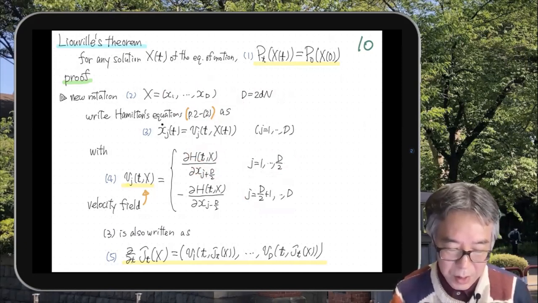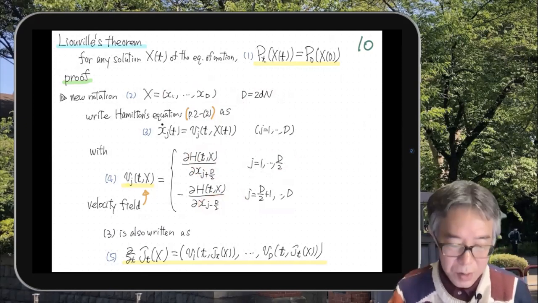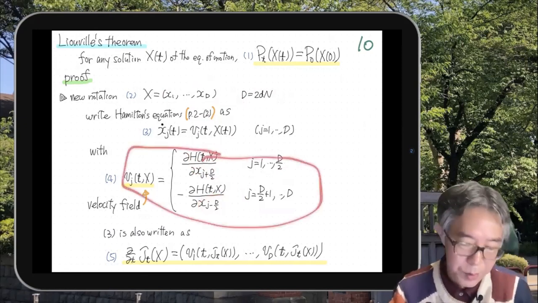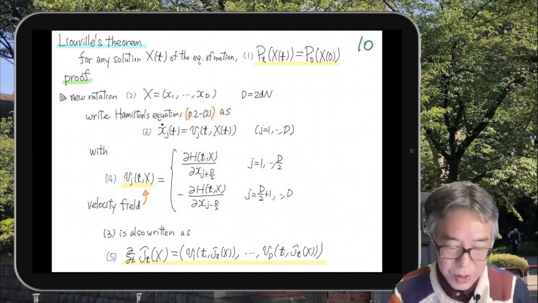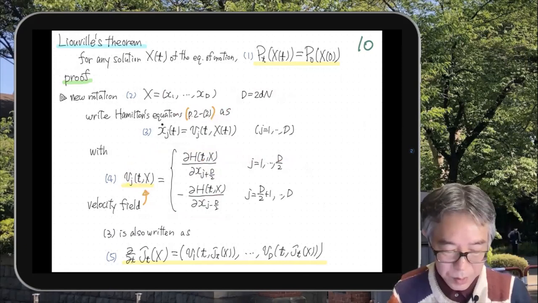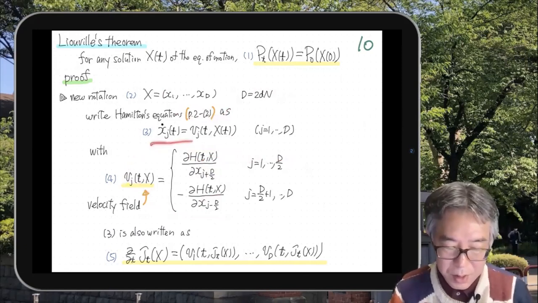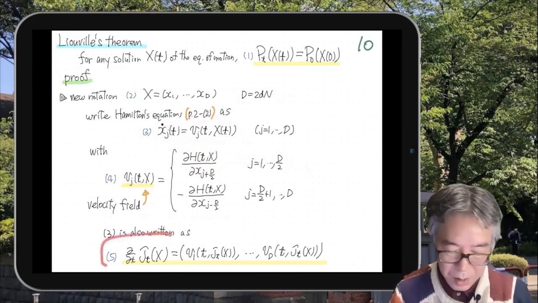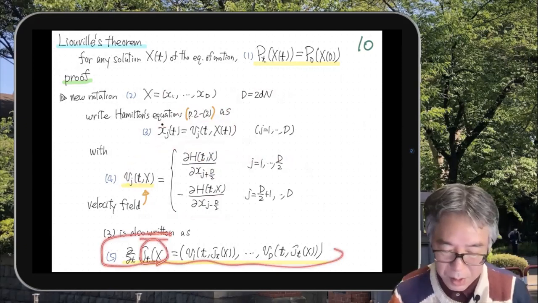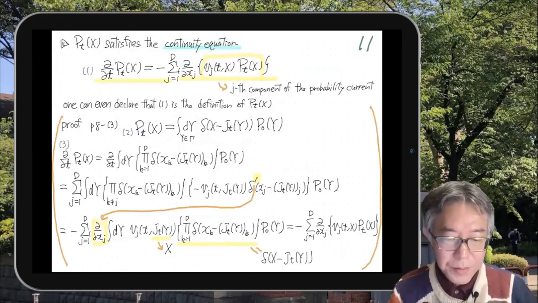And in this case, x_j minus d over 2 gives you the corresponding position. Okay, so this precisely recovers Hamilton's equation. It's a bit complicated, but that's the point. And I just say that this is also precisely written by using this T_t. This is written like this. Good. This is basically the notation.